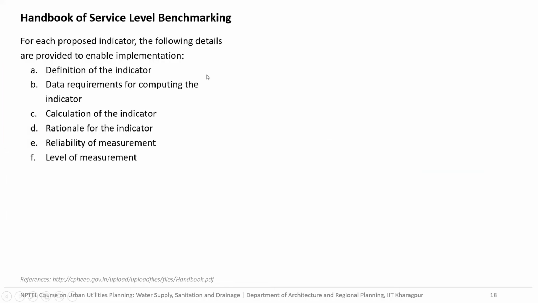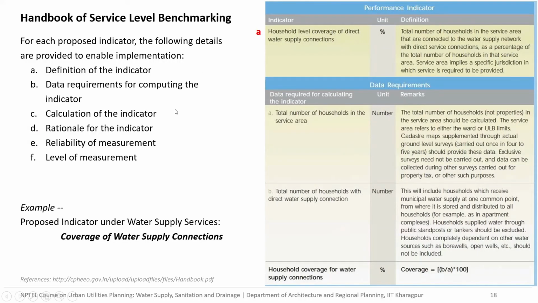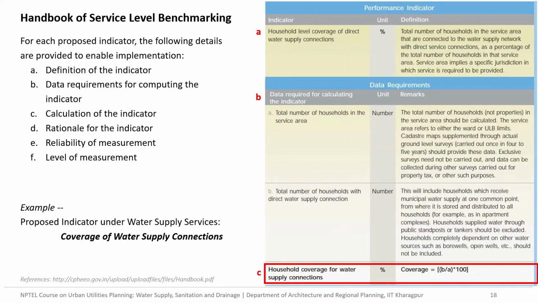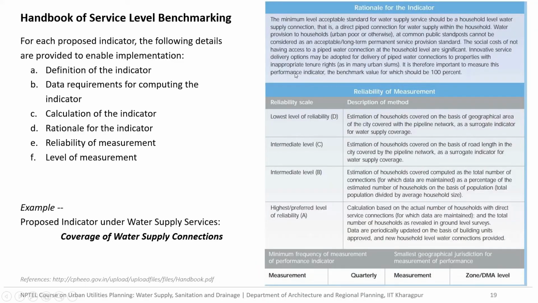That is the benchmark we set. That being said, we can use this indicator for the scope of improvement, or how much they should improve, or how much is deficient. So SLB helps in assessing how much the deficiency is.